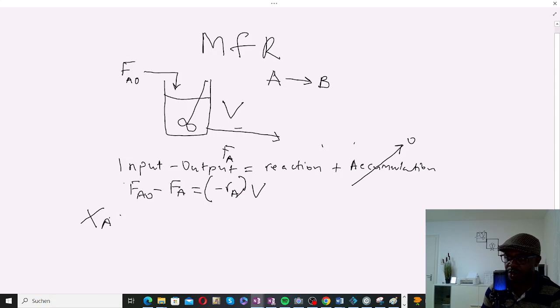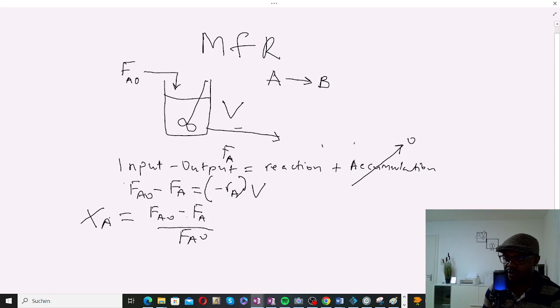So that is basically what we're talking about here by conversion. And that is simply put what we started with, which is FA0, minus what we ended with, which is FA, the amount of A that is left. Then we divide all that by what we had initially.